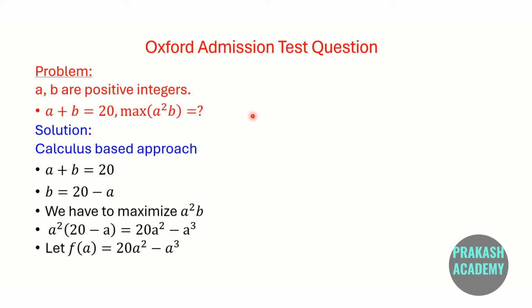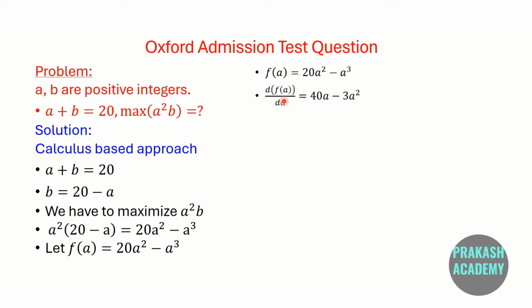Now if you remember, if we have to maximize or minimize a function, we first differentiate that function and we get the critical points. So if I want to maximize this function, I have to differentiate it. f(a) is equal to 20a squared minus a cubed. We have to differentiate this function with respect to a because a is the variable.